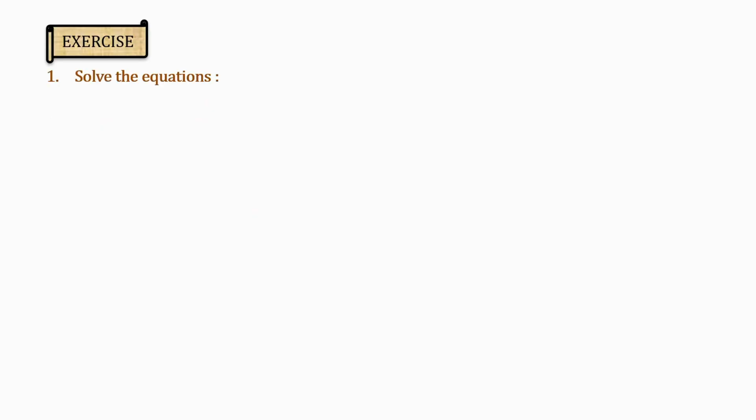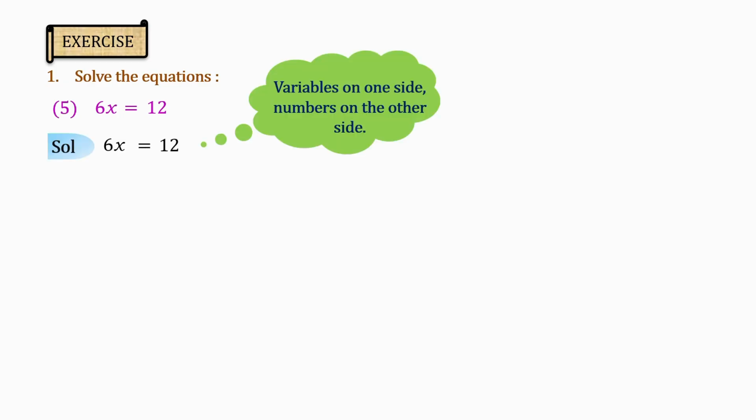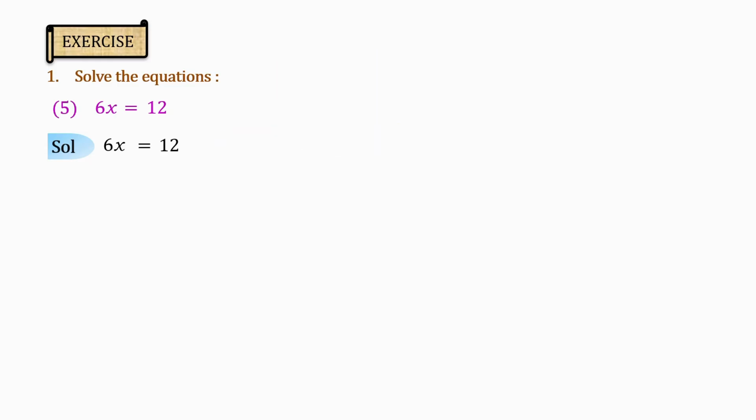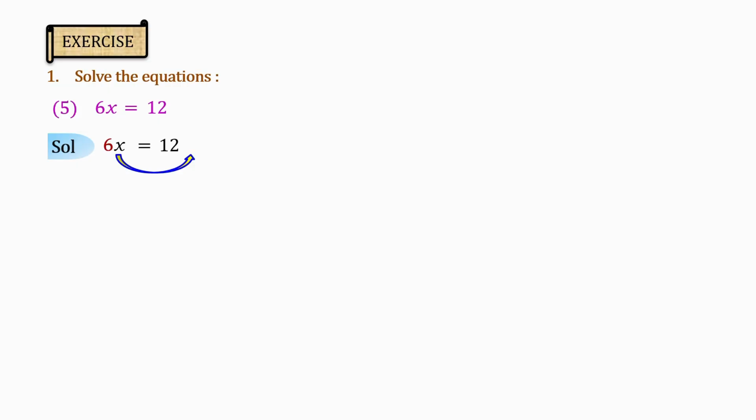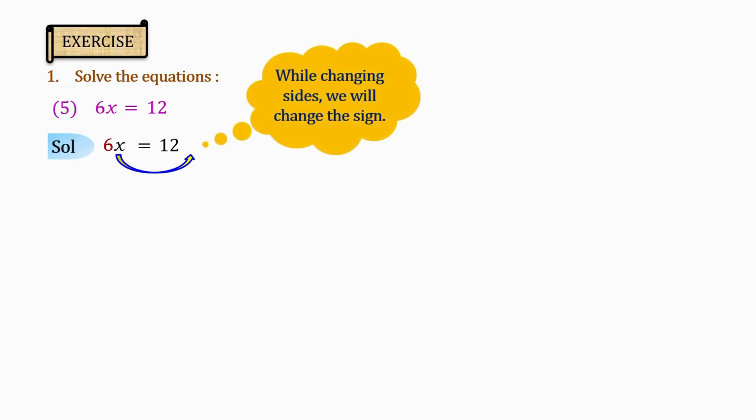Now let us solve another problem. 6x equal to 12. Same principle, variables on one side and numbers on the other side. So we will shift 6 to the other side. While changing the side, we will change the sign as well.